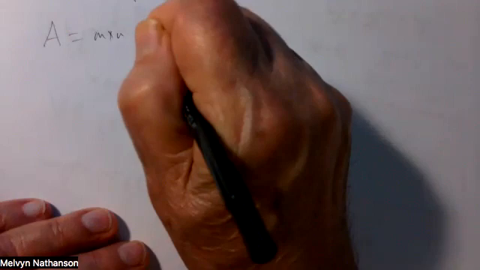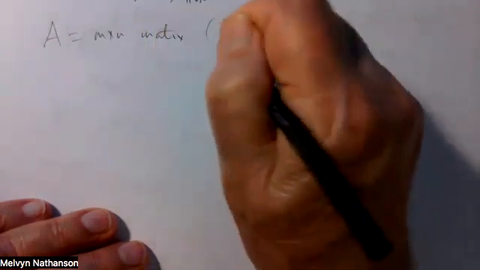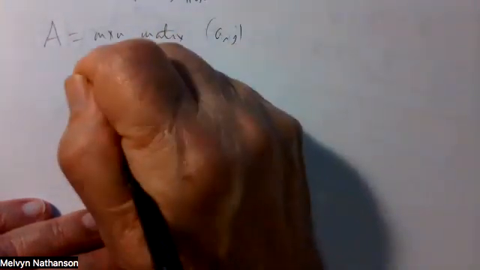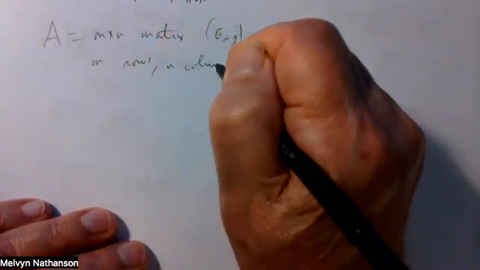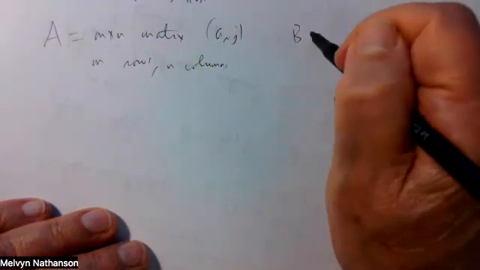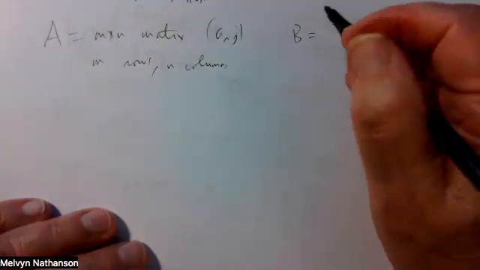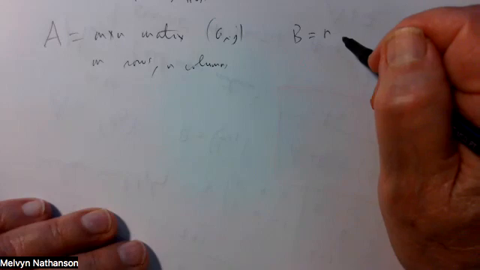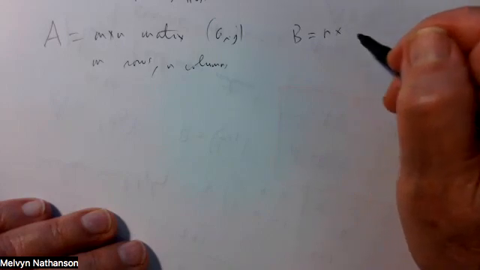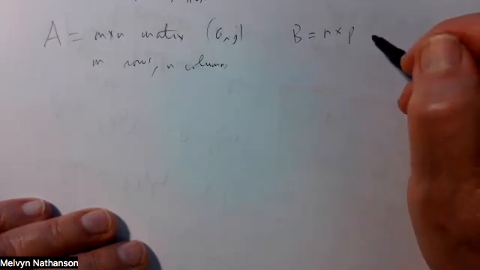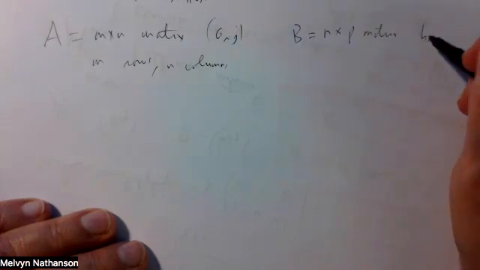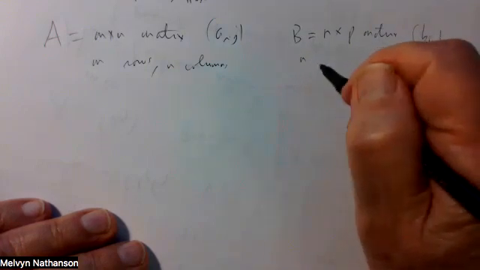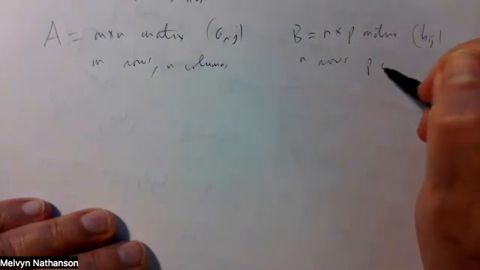Suppose A is an m by n matrix, Aij. So m rows, n columns. And suppose B is a matrix which has n rows and p columns, so an n by p matrix, Bij.